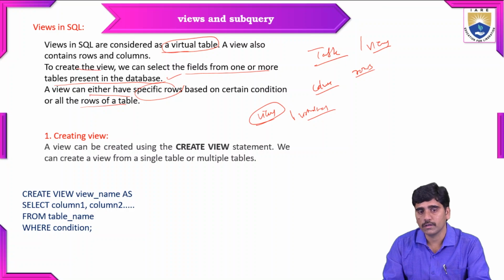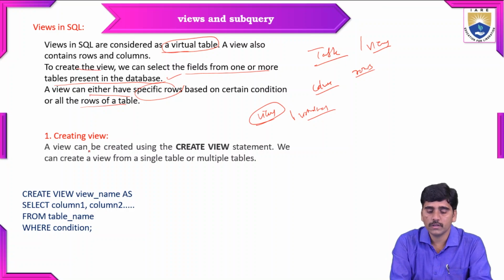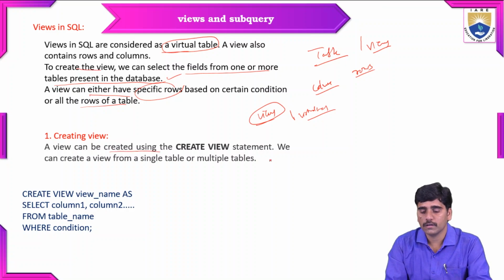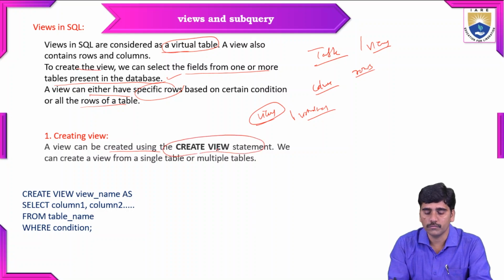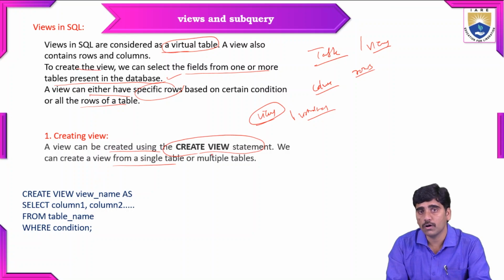So how are we going to create the views? The view can be created using the create view statement. We can create a view from a single table or from multiple tables.